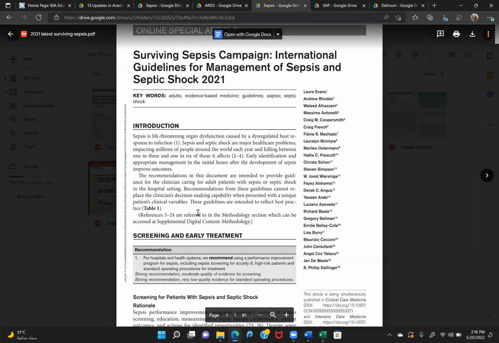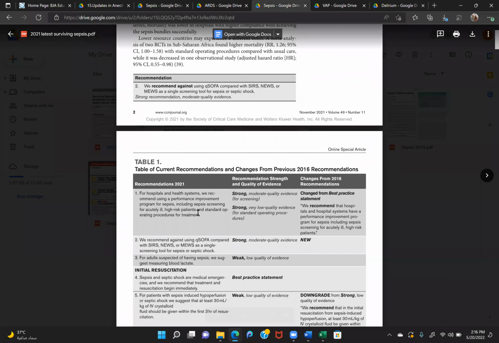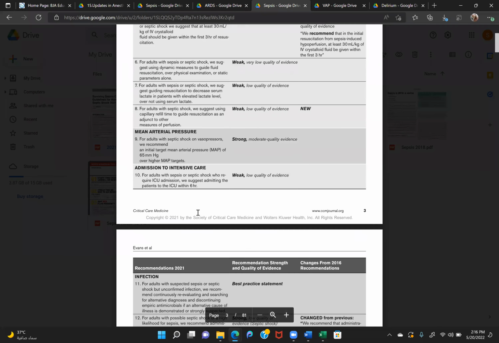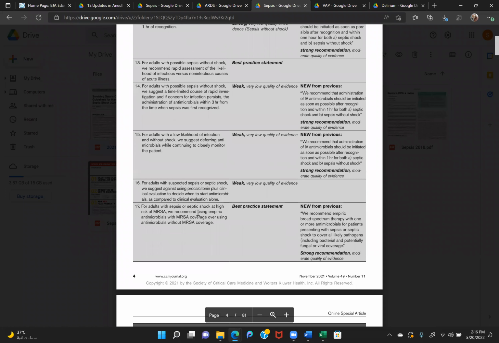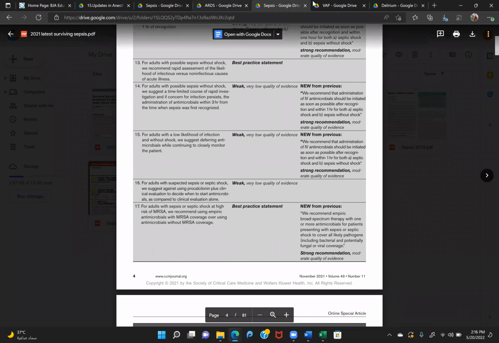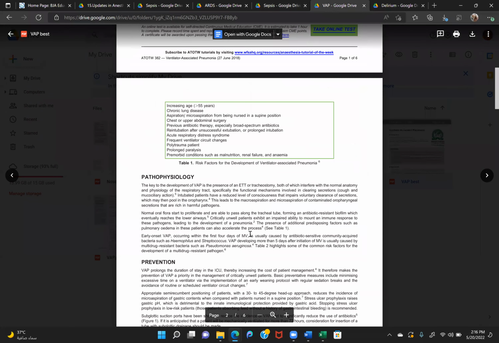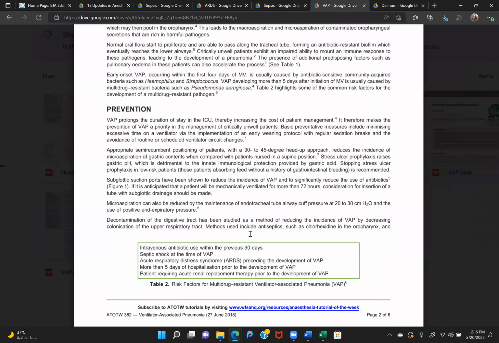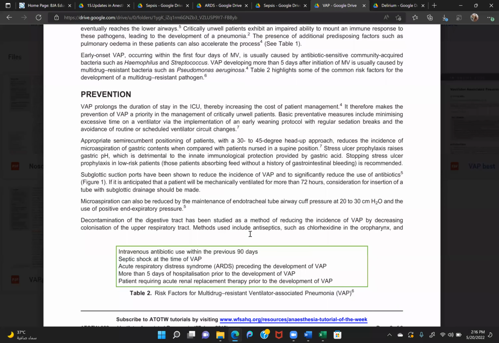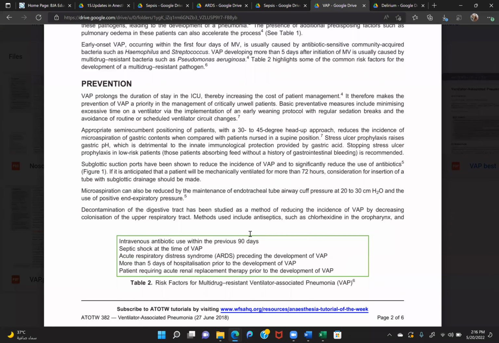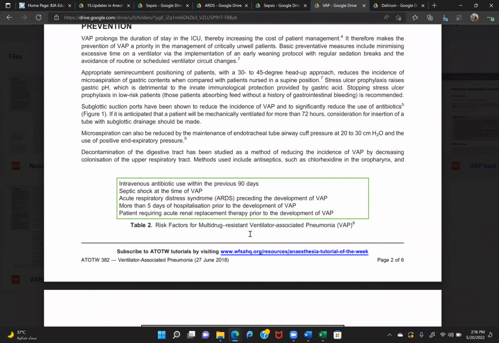Just a second. For prophylaxis of VAP, we actually have to avoid PPIs in those who have low risk of developing stress ulcer. Actually, we will be going into details of individual topics like VAP, and we will reconfirm it.